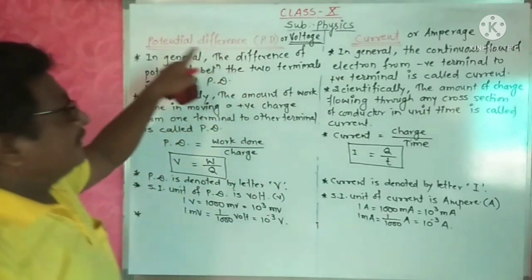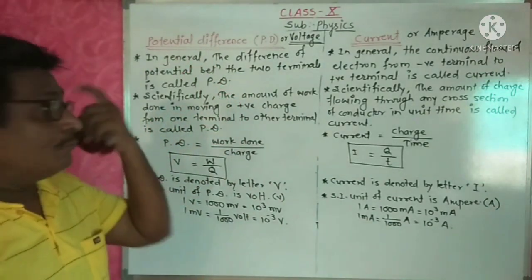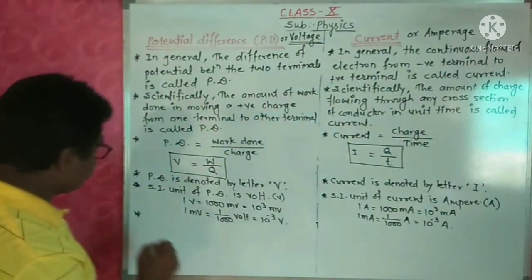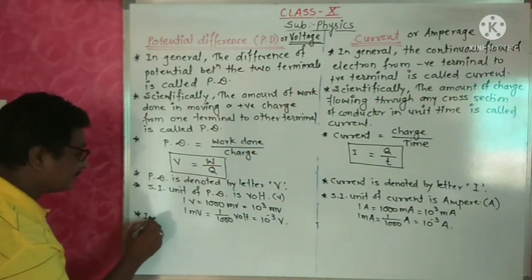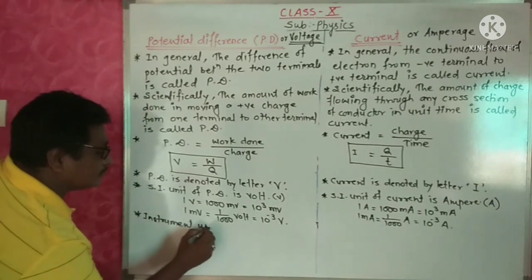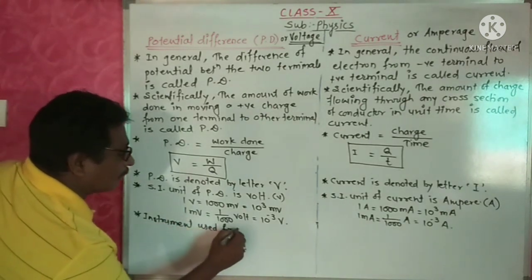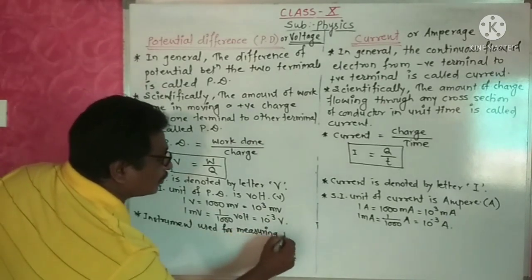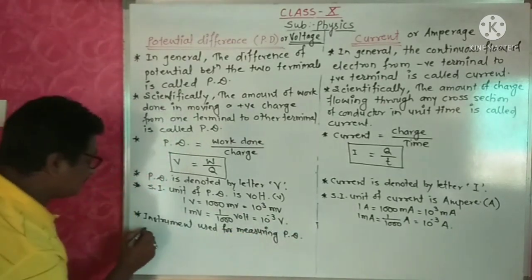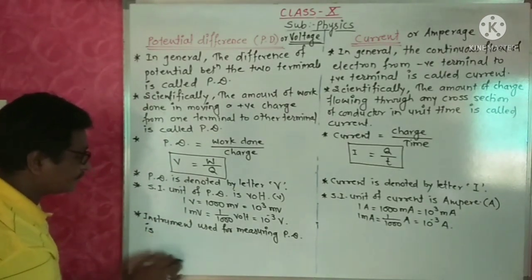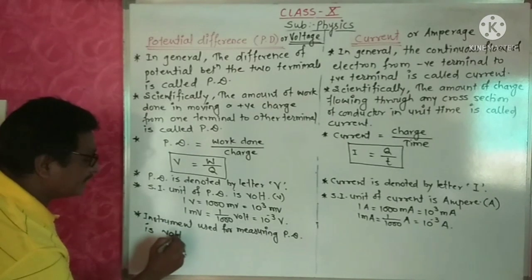In the same way here also an instrument is there for measuring potential difference and current. The instrument used for measuring potential difference is voltmeter.